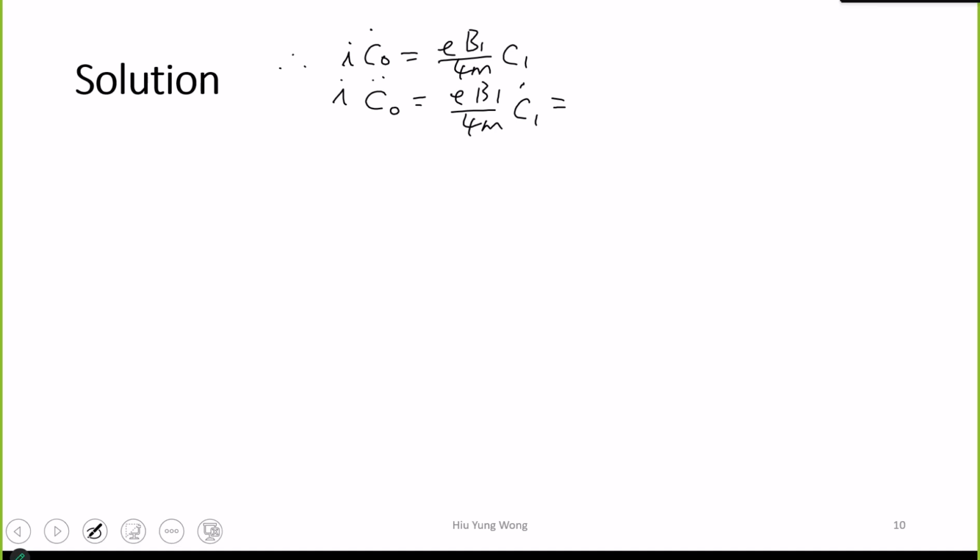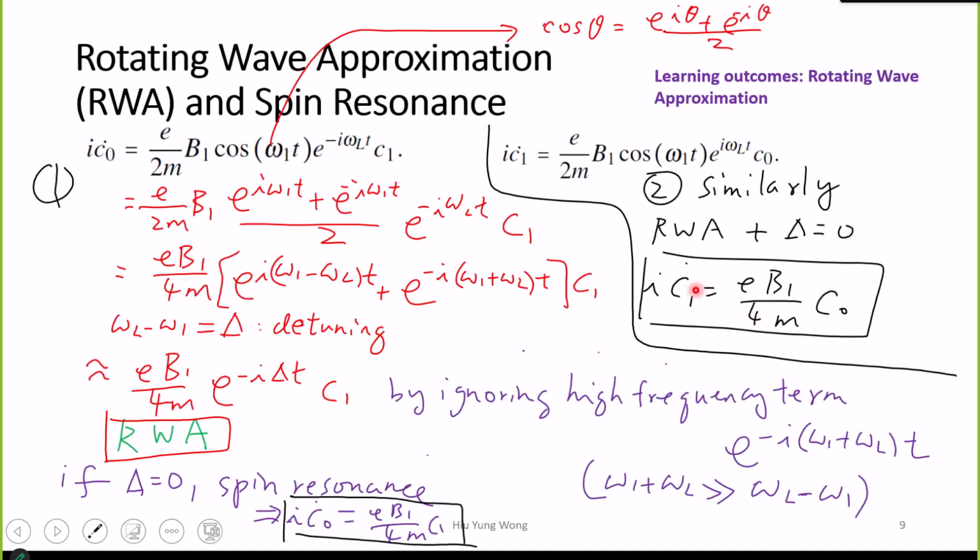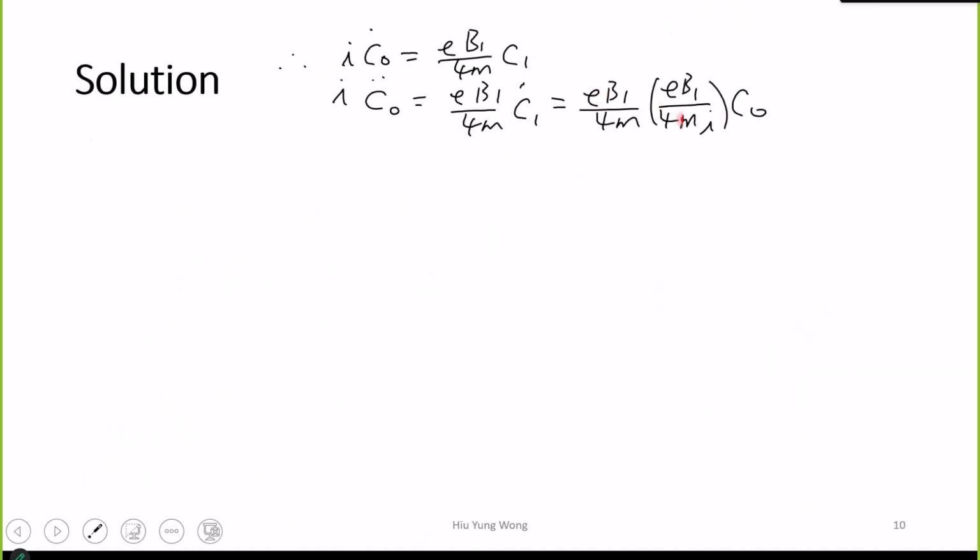Which will give me EB1 divided by 4M times I C0, right? Because here you see that if I want to get C1 dot, I need to divide by I. So I just plug in this C1 dot.